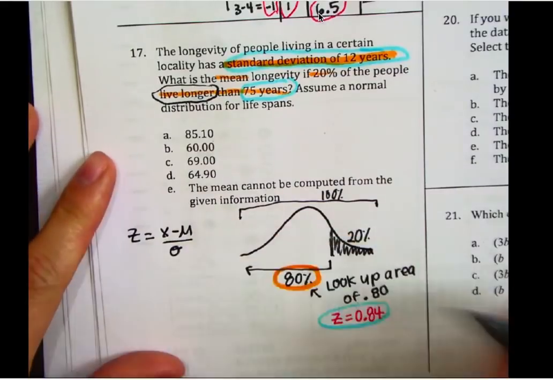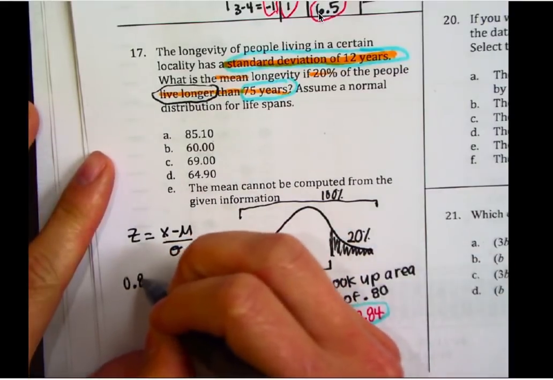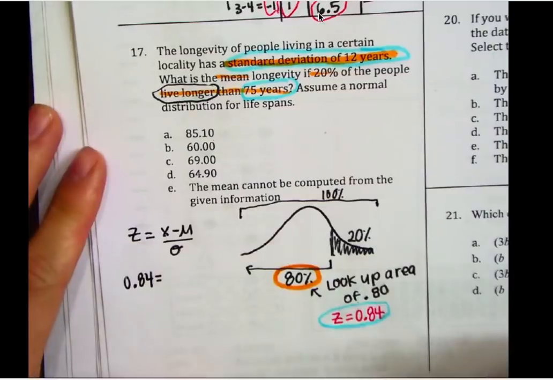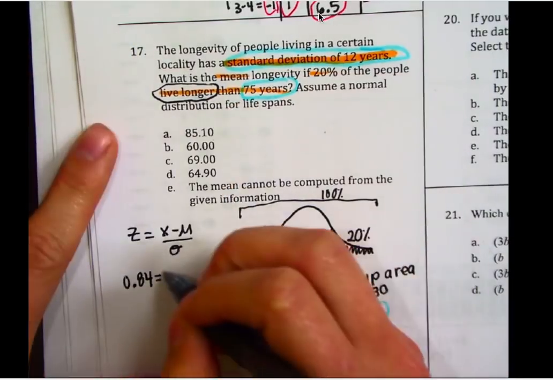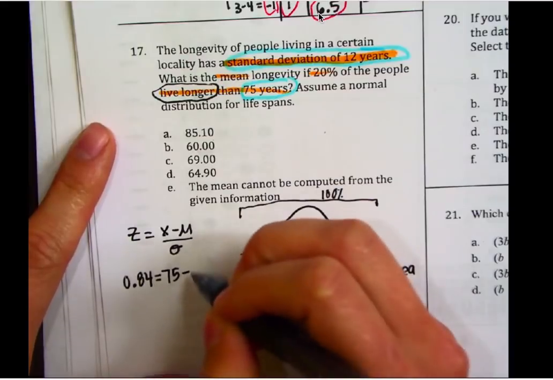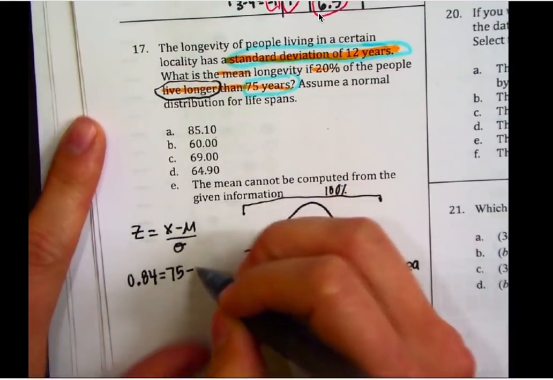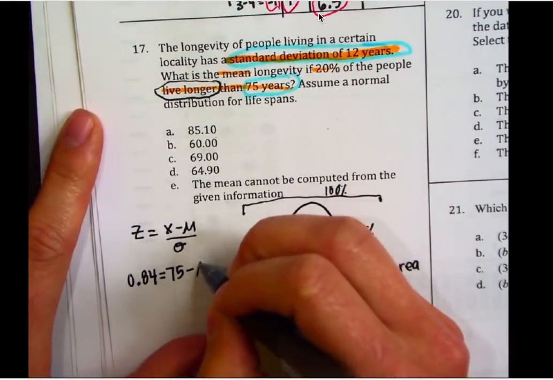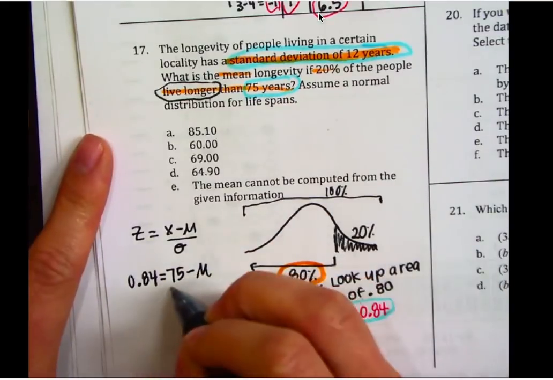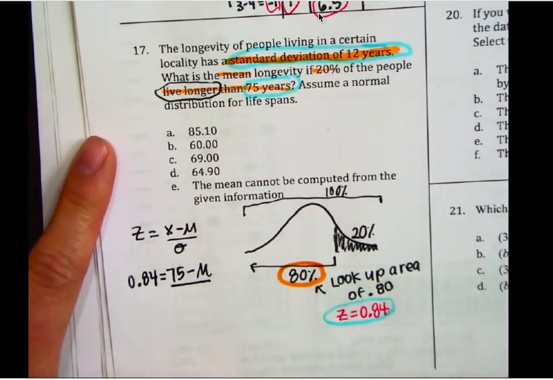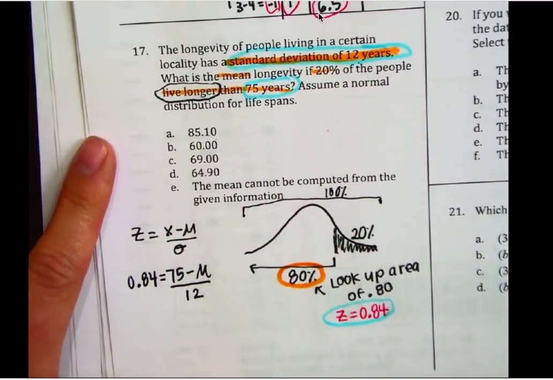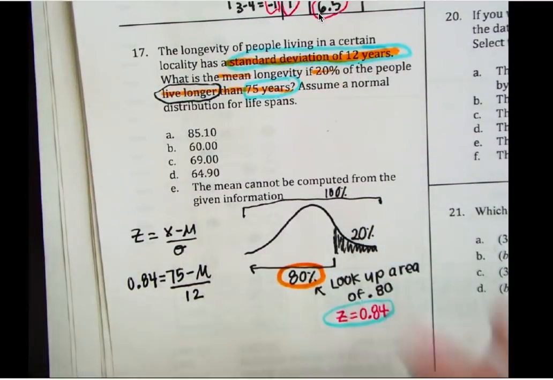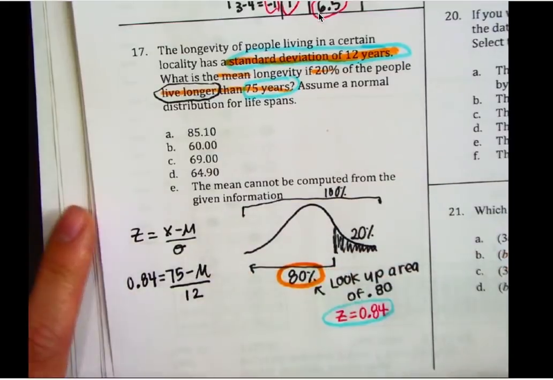So I have the z-score of 0.84 is equal to my value, which is 75, minus mean, which I don't know, so I can go ahead and leave it as mu or an x, however you want to do it. And then I have standard deviation is 12. So what I'm going to do is I'm going to solve this and find that mean.